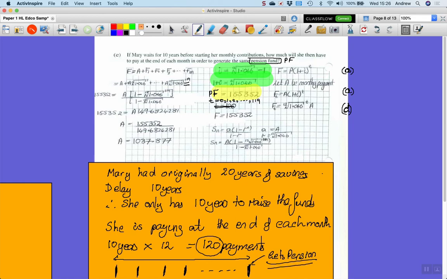Then you're using the formula Sn equals a times 1 minus r to the n, all over 1 minus r. We know the first payment is equal to a. How do you know that? Because when we're doing the analysis, we work from the very, very end, where t is equal to 0.